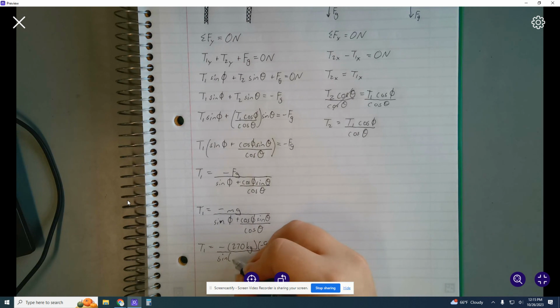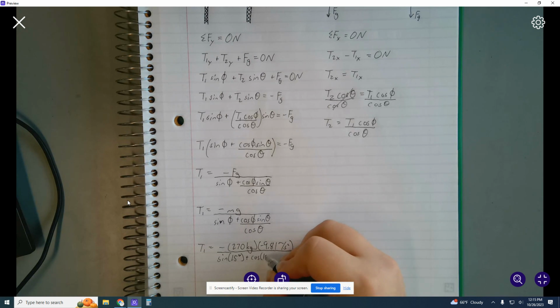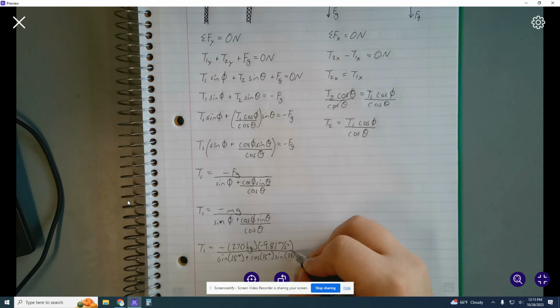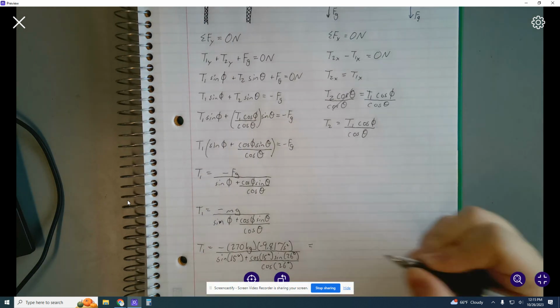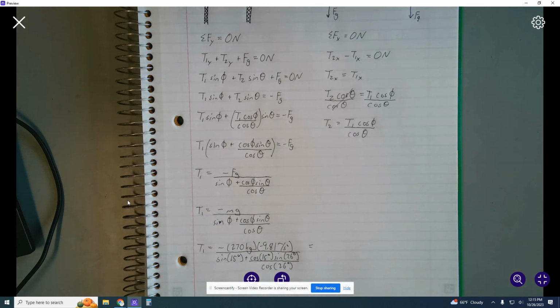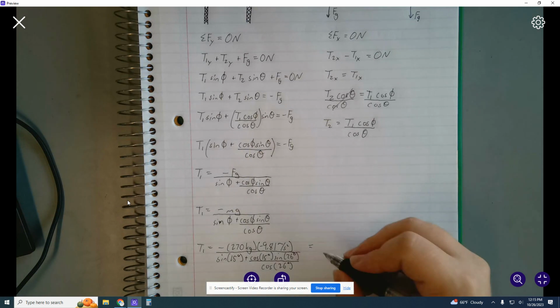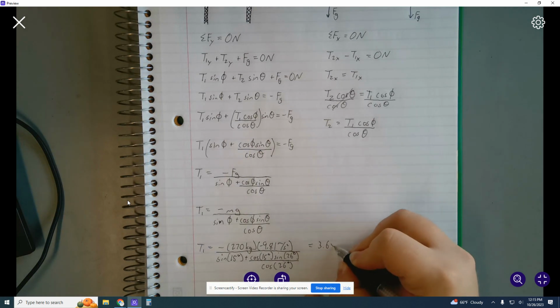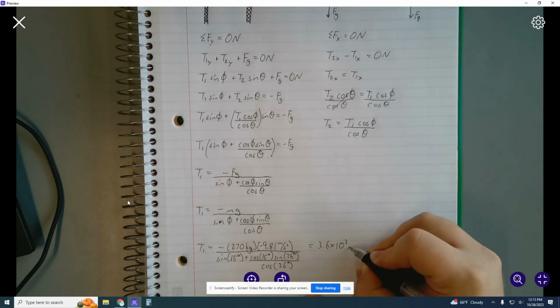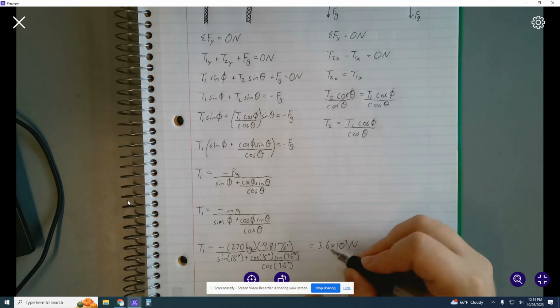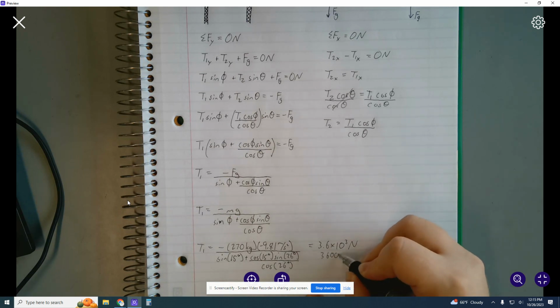Times sine of 15 degrees plus cosine of 15 degrees times sine of 26 degrees divided by cosine of 26 degrees, which will get us a value for T1 of 3.6 times 10 to the 3 newtons. Or we can write that out as 3,600 newtons.